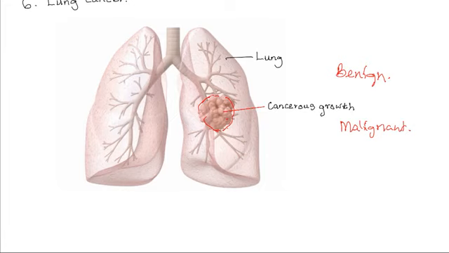Treatment for lung cancer may include 1. Surgery to remove the tumor. 2. Radiotherapy to destroy the cancerous cells. 3. Chemotherapy to relieve the patient of pain and also to destroy the cancerous cells. 4.